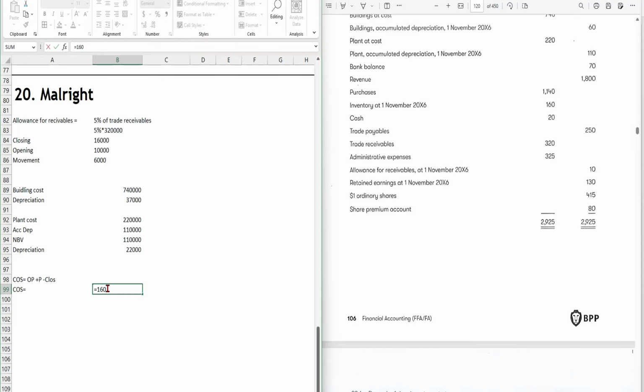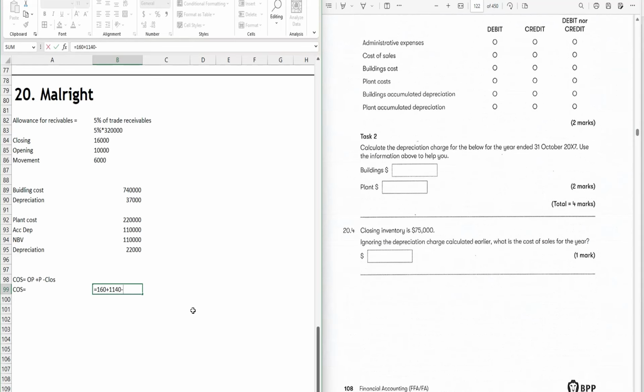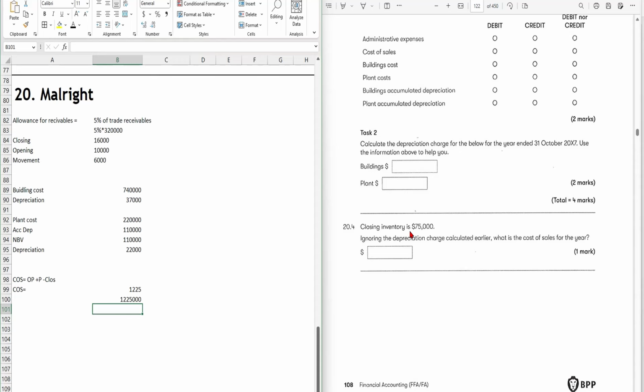So opening inventory is 160 and purchases are 1,140. And the closing inventory figure is already given in the question, that is 75. Okay, so subtract 75 and multiply this answer by 1,000, because we have taken the 000 common in the calculation. So this is the cost of sales value, that is 1,225,000, right?